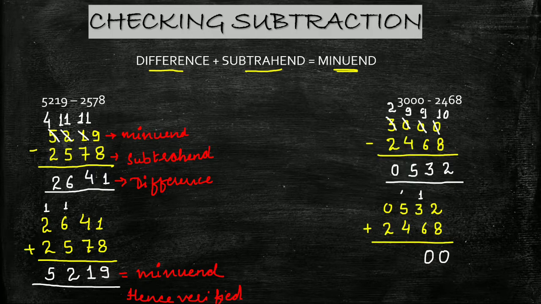Again 1 will be carried. Here also 5 plus 1 plus 4 will be equal to 10. 1 will be carried, and 2 plus 1 is 3. So the sum of difference and subtrahend is equal to the minuend, which means the subtraction sum is verified.